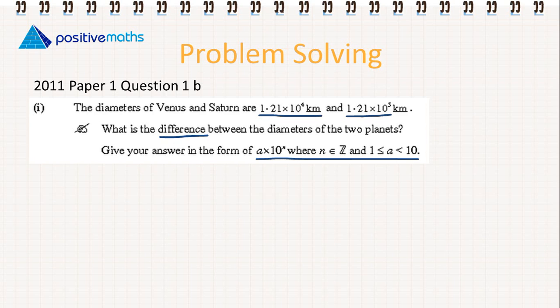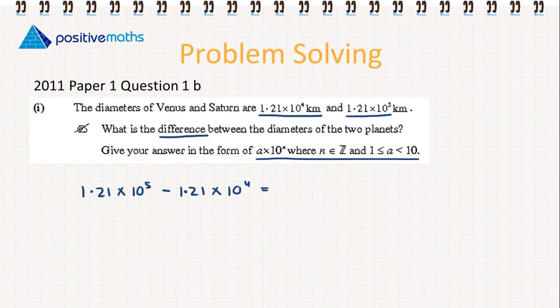So, if we're asked for the difference, that means we're subtracting one number from the other. So we're going to subtract 1.21 multiplied by 10 to the power of 5 minus 1.21 multiplied by 10 to the power of 4. So let's expand these numbers.